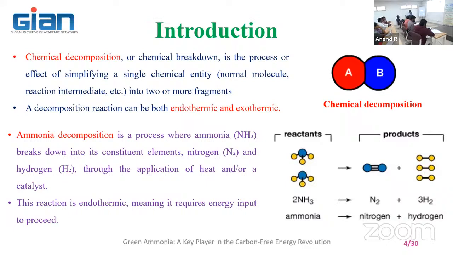To attain the reaction temperature to break down ammonia, maybe 600 to 700 degrees, very near to 700 degrees, you can go for microwave, radio frequency, or plasma. Plasma is highly energy intensive, but microwave and radio frequency may be the techniques you can adopt for raising the temperature of the reactor.